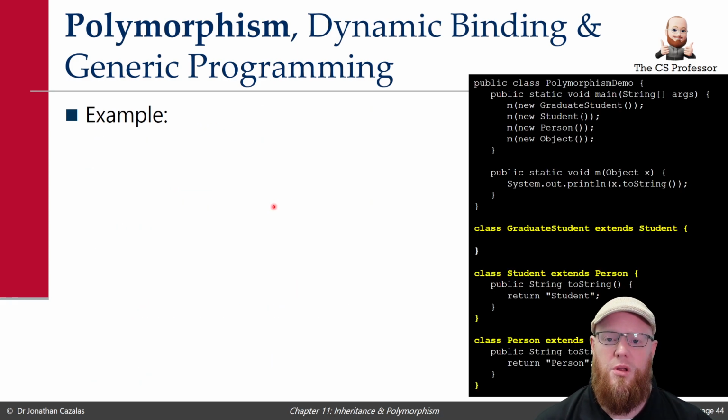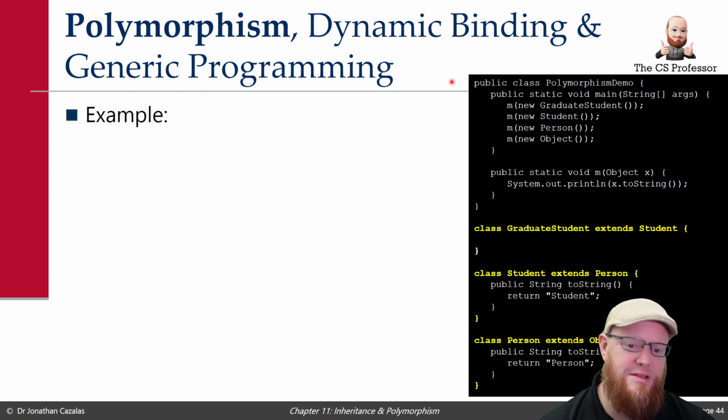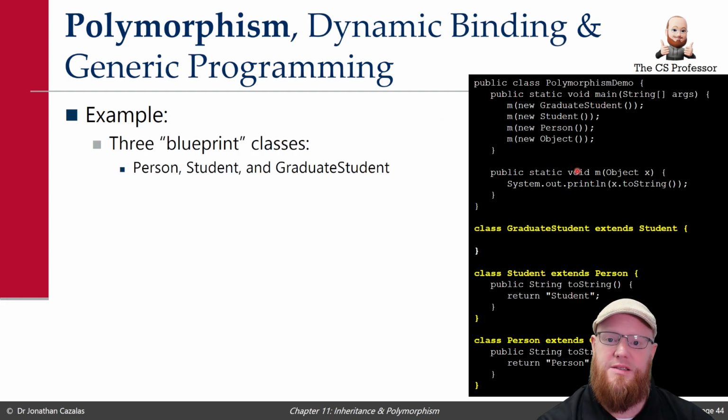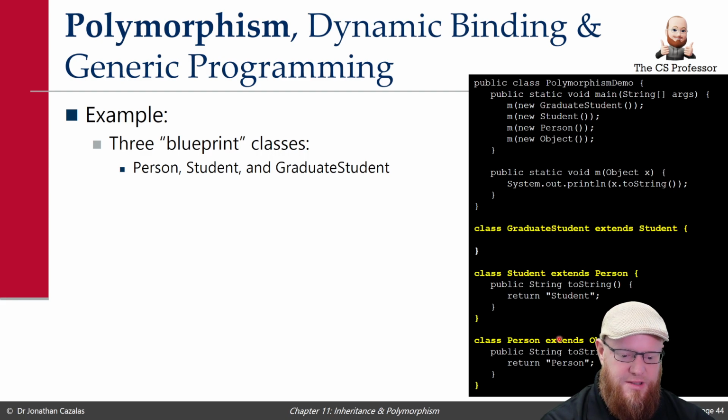Here's an example we're going to go through in complete detail, and let's pay attention to how many actual classes we have here. We have the three blueprint classes, as I call them. We have the graduate student class, we have the student class, and then we have here the person class. Notice for the person class, I typed extends object.